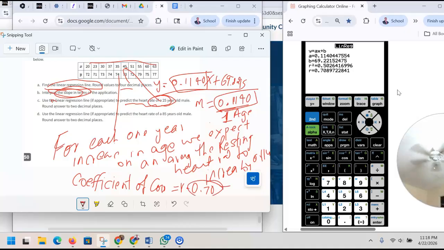This number is, I would say, not strong. This is actually called moderate positive correlation. If it is 0.75 up to 1, that will be strong positive correlation. Okay, I hope that helps.